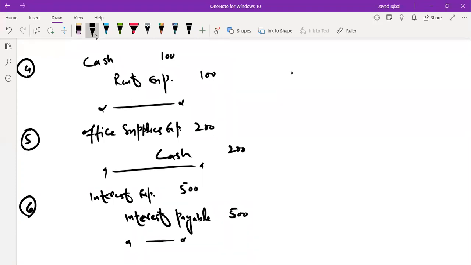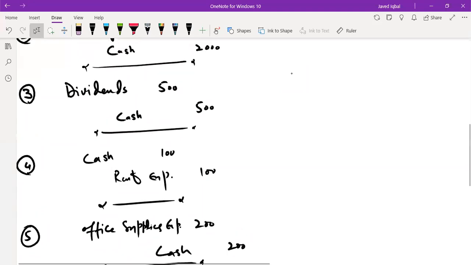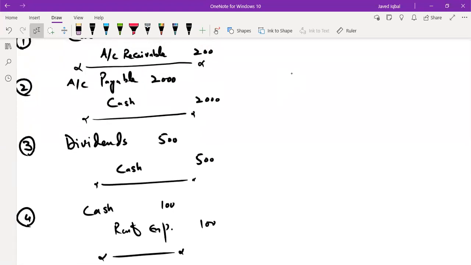It is only due to its general behavior, because office supplies are normally purchased. You purchase paper, pen, pencil, things like these, so you pay by cash. You normally don't go for credit options, right? It's similar for the third transaction. It could have been dividends payable, but it is quite possible that you have paid it.